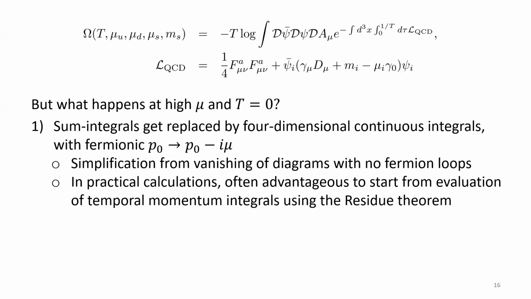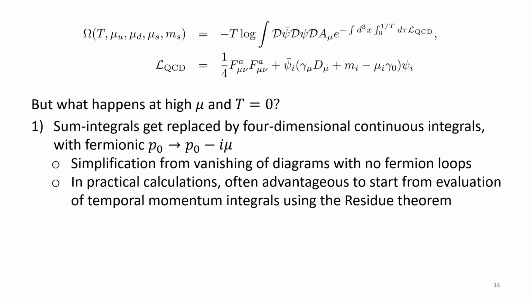But now that we are working at non-zero chemical potential, we have this imaginary shift plus or minus i mu that affects how we can perform the contour integrals in the temporal momentum.